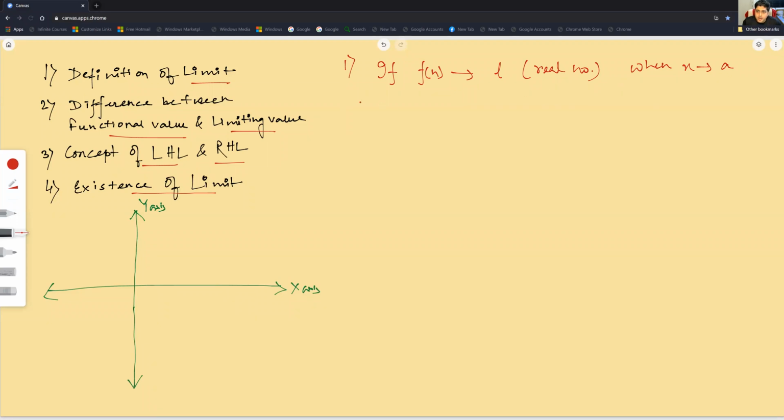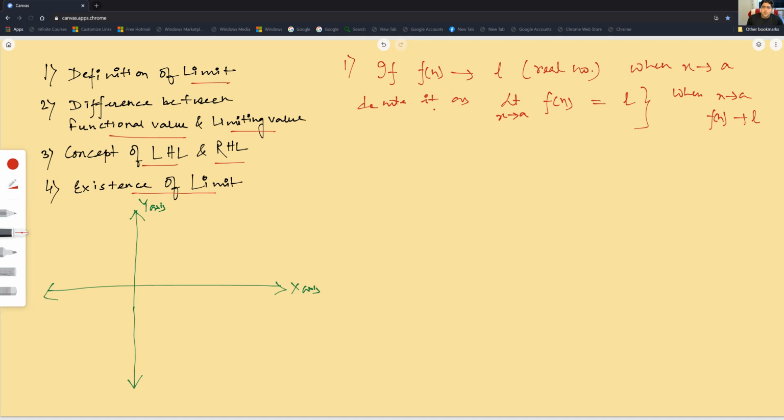And shortly we can denote it as limit x tends to A of the function f of x equals L. What is the meaning of that? Basically, when x tends to A, f of x also tends to a real value L.